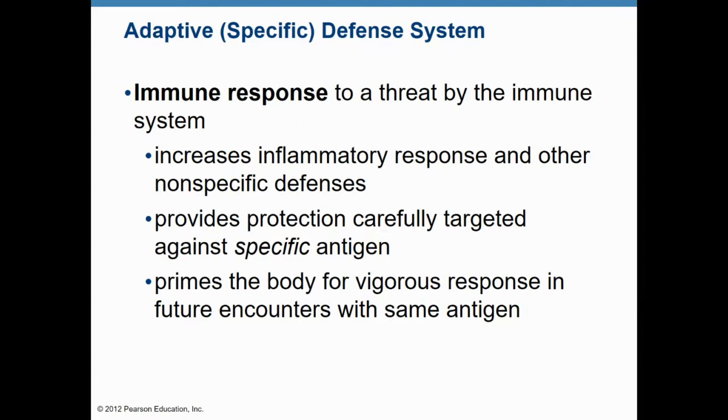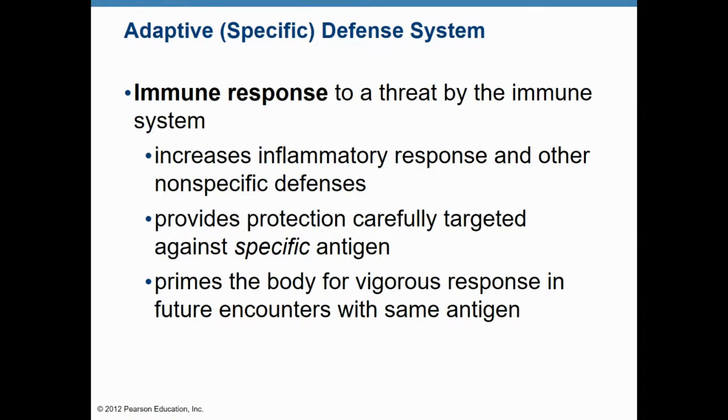Once we looked at our lymphatic system, we started looking at body defenses, so our body's ability to fight off invading pathogens. And we said that our body defenses fall into two main categories, right? We have our innate or non-specific defenses, and this is a generalized response to any type of invading pathogen.